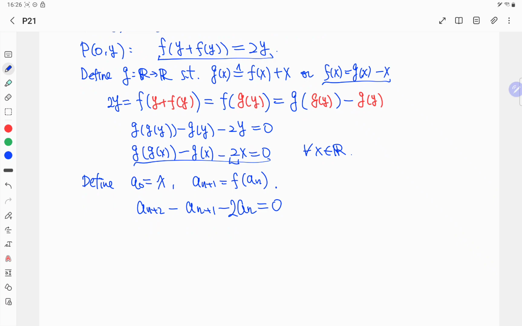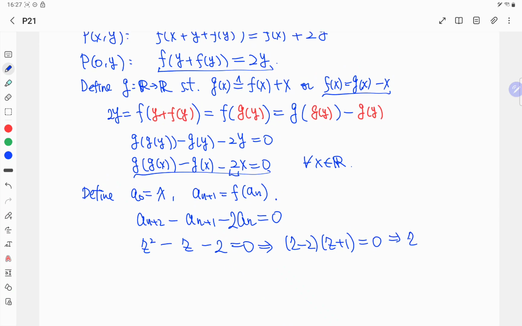So to solve this difference equation, we can write out the characteristic equation, which is z squared minus z minus 2 equals 0. It implies z minus 2 times z plus 1 equals 0. Okay, so in such a way, we have z equals 2 or z equals negative 1.